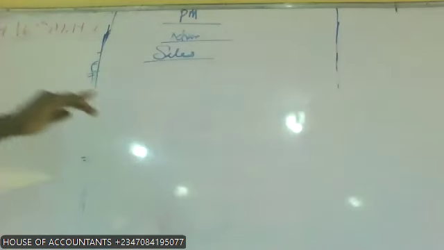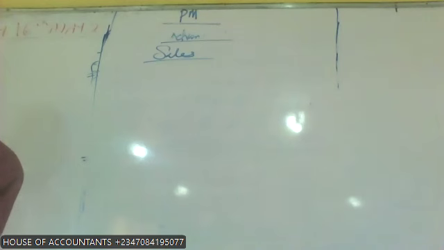So the sales is divided into two in this regard. If you look at it, sales does not have two products. They are only talking about one product, which is SW. So technically, sales is not a mix. Do you understand?